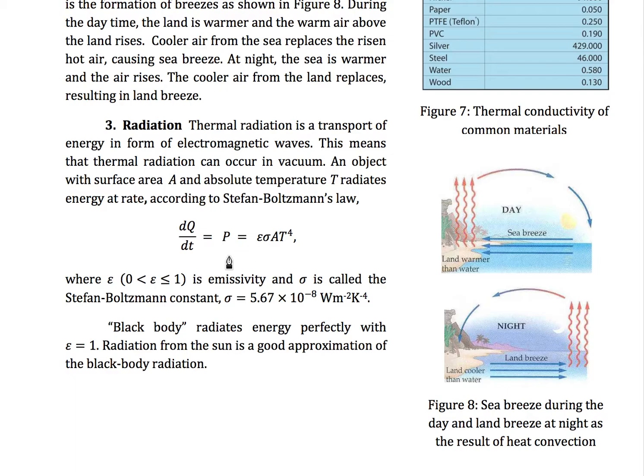If your object is a black body, the emissivity equals 1. Sigma is a constant called the Stefan-Boltzmann constant, which has the value as shown here. A is the surface area of your object, and T is the temperature at the surface. In that case, you will be able to calculate the radiation from anything that has a temperature at the surface.